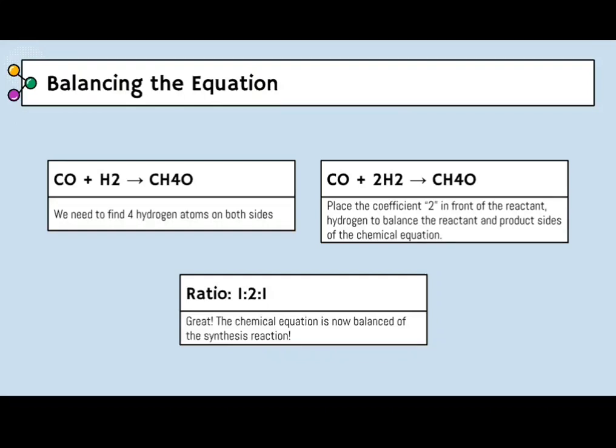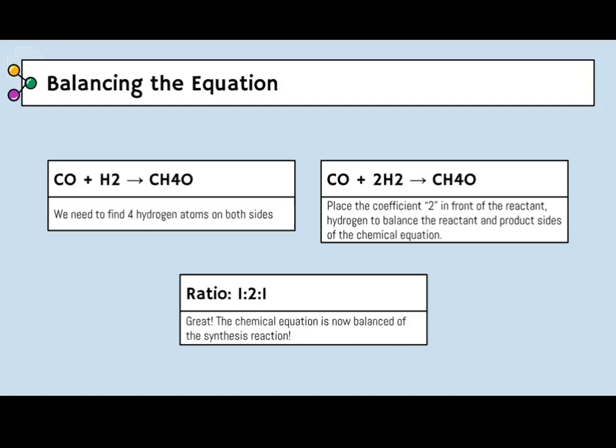On both reactant and product sides, there is 1 carbon and 1 oxygen. The only difference between the reactant and the product is the hydrogen: the reactant has only 2 hydrogen atoms, and on the product side there are 4 hydrogen atoms.